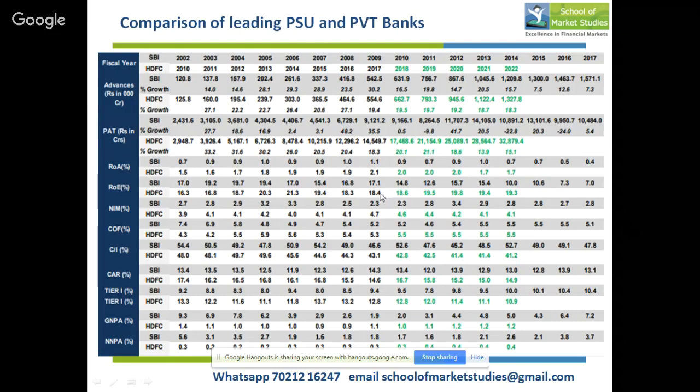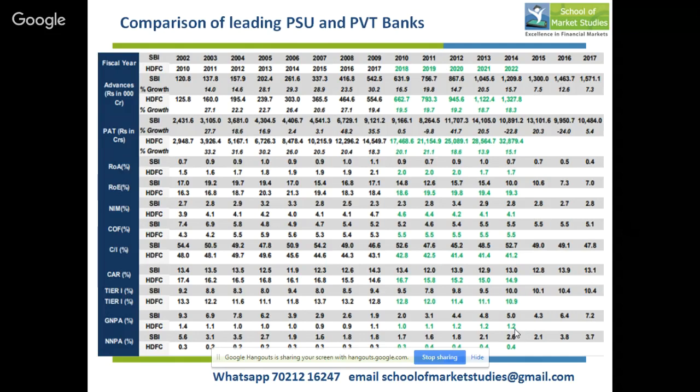And considering the fact that its NPAs are expected to be much under control, just go down here where the cursor is, where the GNPAs and NPAs are. So you see, SBI in 14, its GNPAs were 5.0 and 1.2 for HDFC.